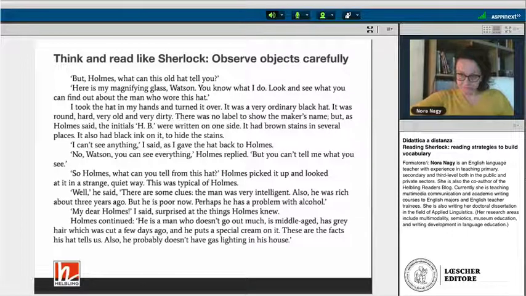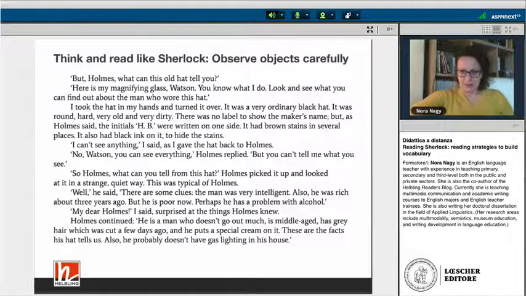Ordinary, round, hard, old. If you read on in the same paragraph, you will see even more information you can collect. Somebody's saying it's greasy.